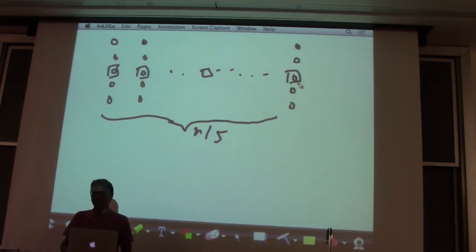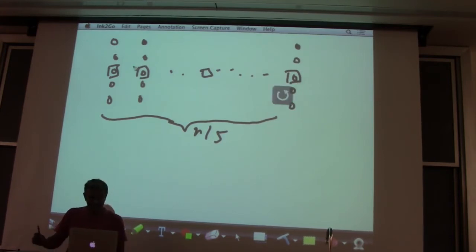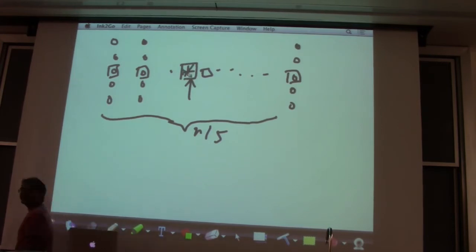Now that's kind of why? Okay, so we're going to do that. Let's say the median of these medians is going to be somewhere here, this one. I claim that this is the element we should use to separate things, and this is guaranteed to separate things out nicely.